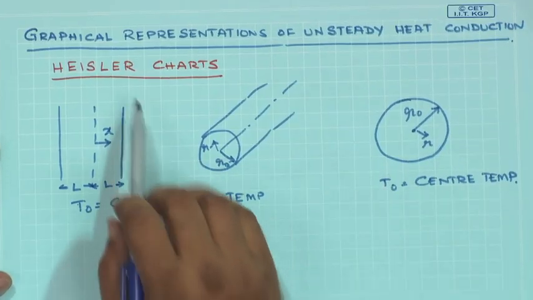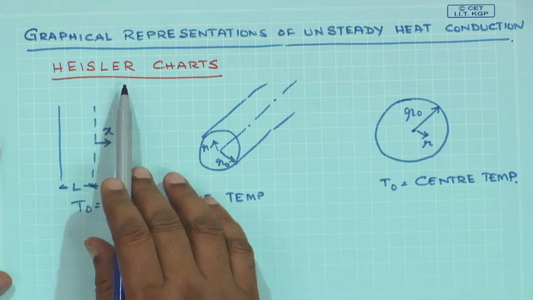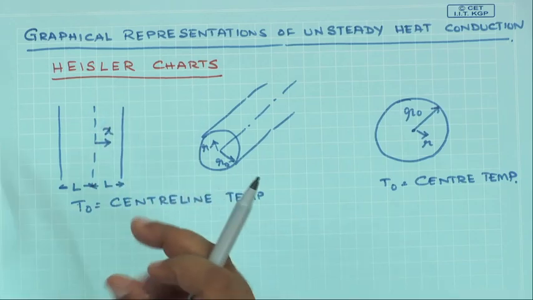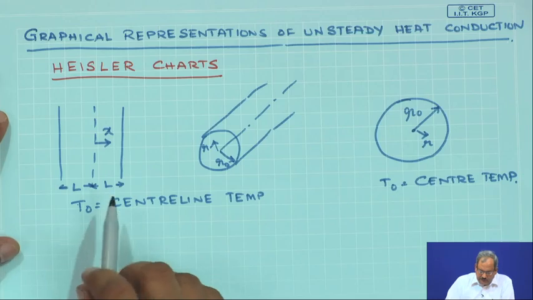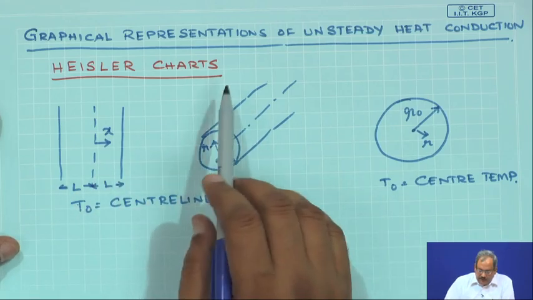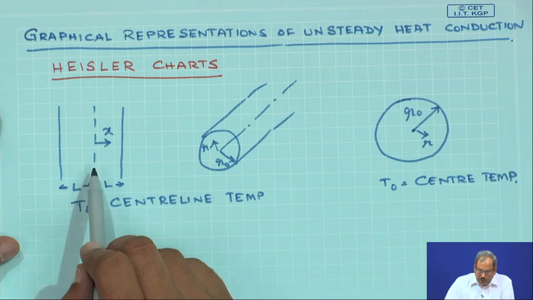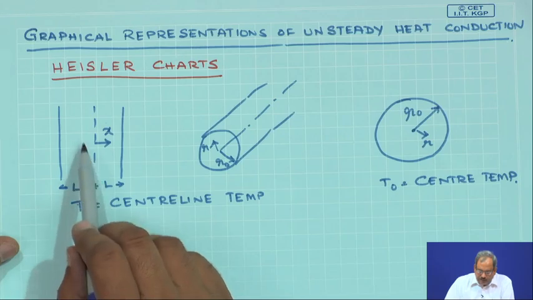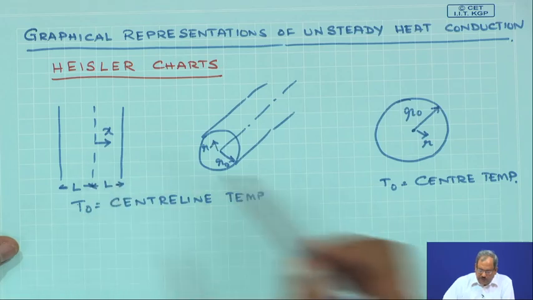So, let us take a quick look at how we define this. We are looking at graphical representations of unsteady heat conduction. The results are provided in graphical form, which is known as Heisler charts, and the graphical representations are valid for three of the most common cases of transient heat transfer, that is a plane wall of thickness 2L.